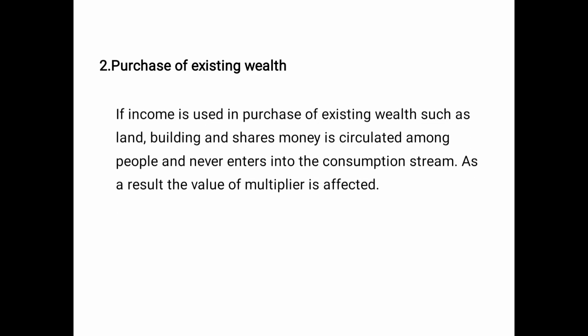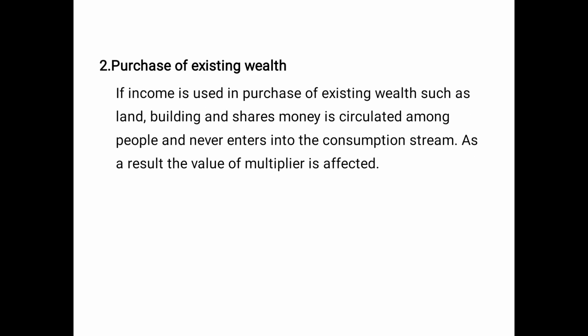The second one is purchasing of existing wealth. If income increases, it is not necessary that you spend only for consumption. Sometimes we can use it for buying assets. For a country, it can be land, machineries, building construction, or spending for the welfare motive.